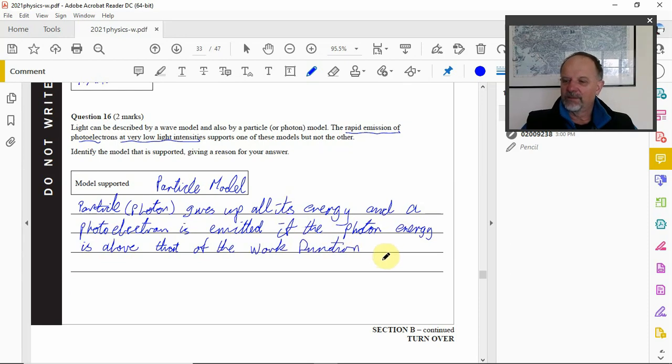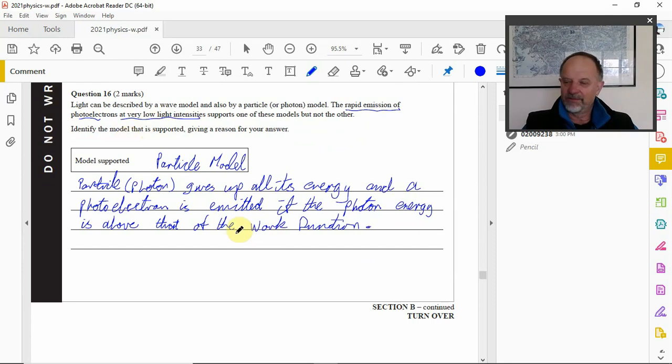All right. Now, rapid emission at low light. So that's part of it. The other part of it we can say is that it doesn't rely on the number of photons, which would be the intensity.